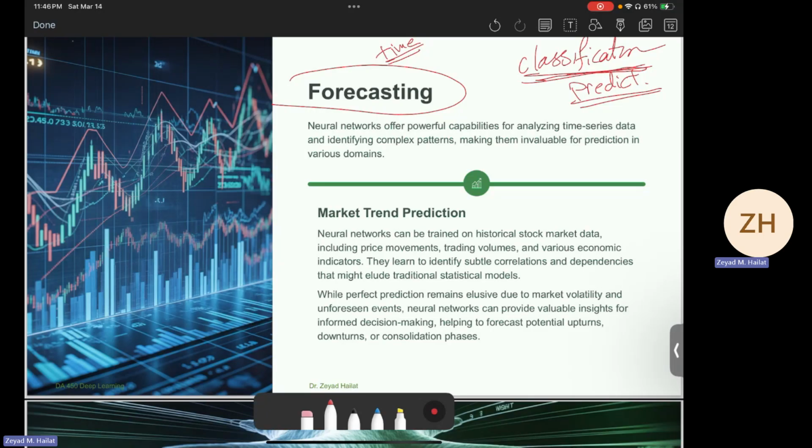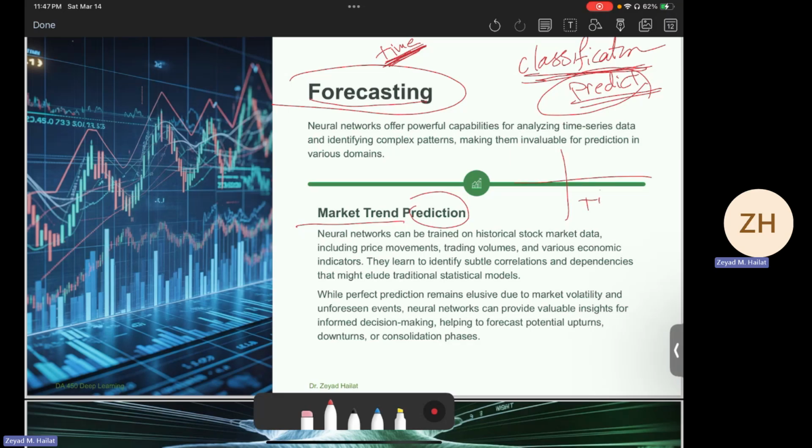Now, the input will be the past couple of hours or couple of days or last year or 3 years or 4 years. Now I'm looking at time. The prediction in terms of time, we refer to it as forecasting. If I do not have time, it's mainly prediction. One idea is market trend prediction over time.